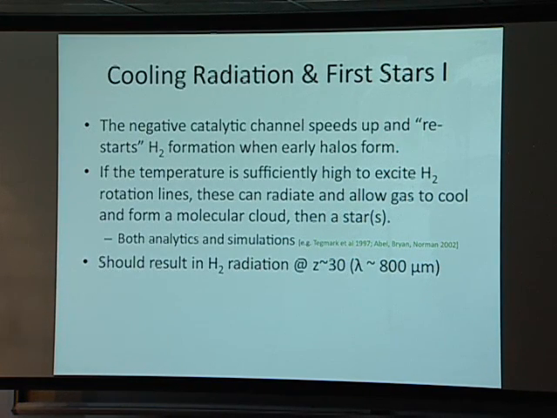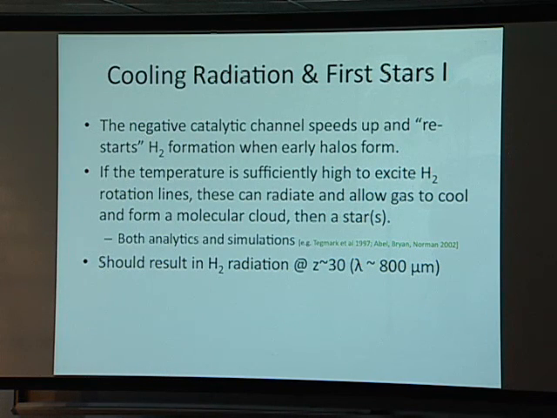All right, so the first stars. When a halo forms, the first dark matter structures form, and then the larger ones form, and eventually things above the baryonic Jeans mass form.